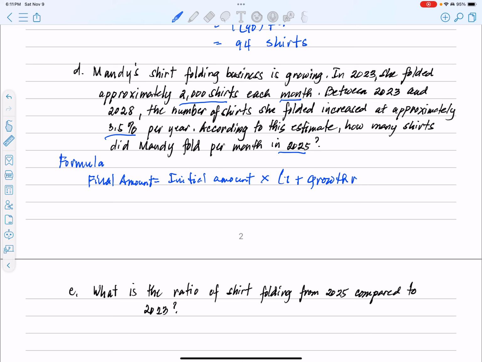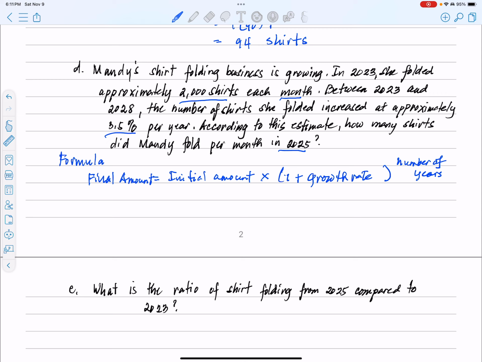Remember, in the exponential function, that is to the power of the number of years. Okay? So in this case, the initial amount is the number she folded in 2023.